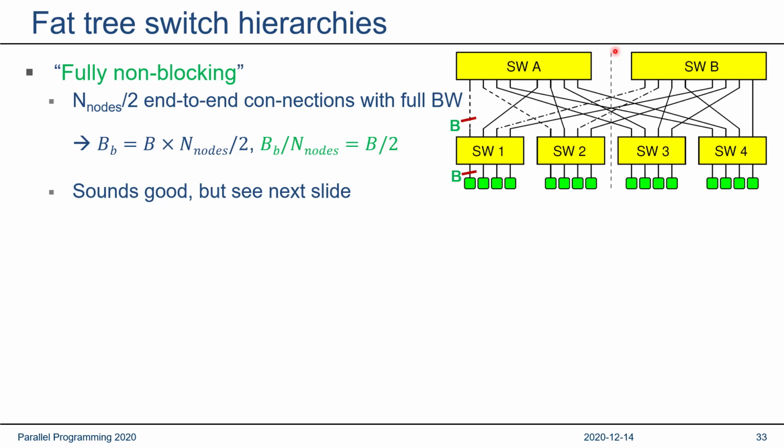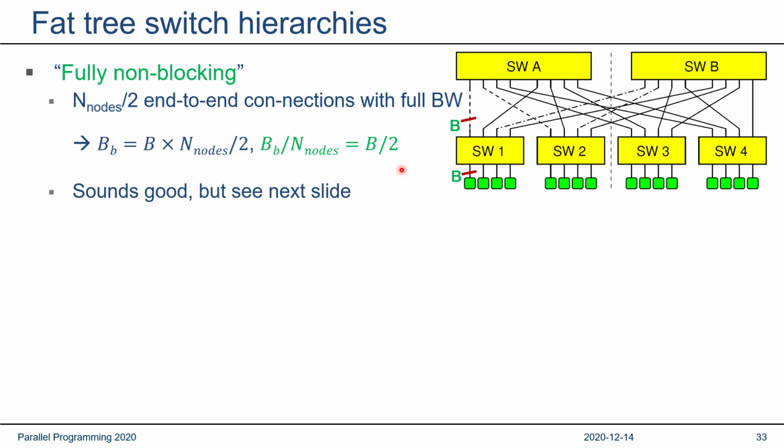Now, if you cut this hierarchy in half to get the bisection bandwidth, it's the bandwidth of one link, B, which is denoted here with this bar, times the number of nodes/2. If we divide that by the number of nodes to get the per node bisection bandwidth, we arrive at B/2. And this is a very good, desirable result. It means that if we build a switch hierarchy like that, the bisection bandwidth per node is constant.